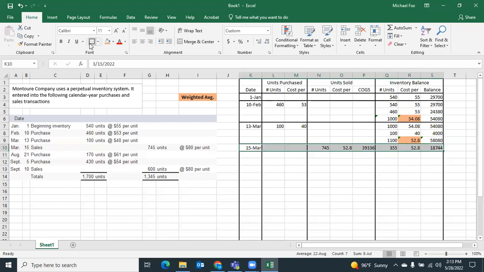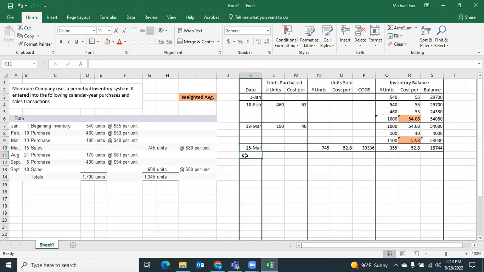On August 21st, we purchased 170 units at $61 a unit.